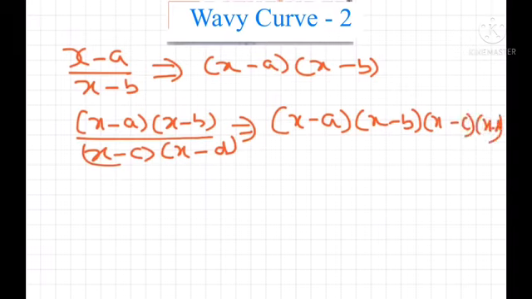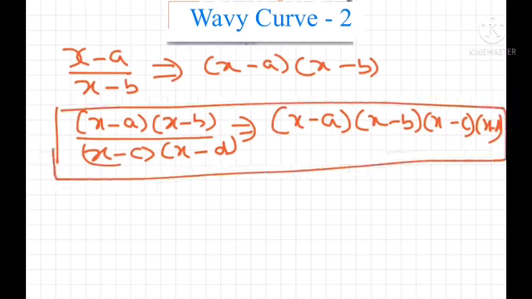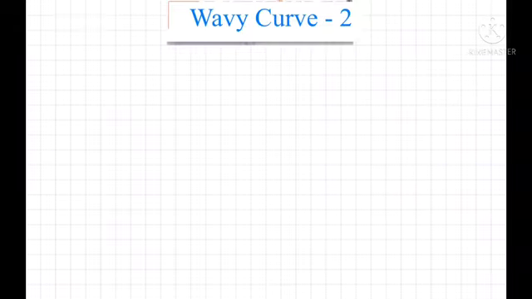Now let me be bold and clear that the graph that we have plotted till now will not be the same for this and this. The graph is completely different, and we will not go into the graph of this at present. That we will discuss during limits and continuity, but the sign scheme will remain the same. So let's see one question.